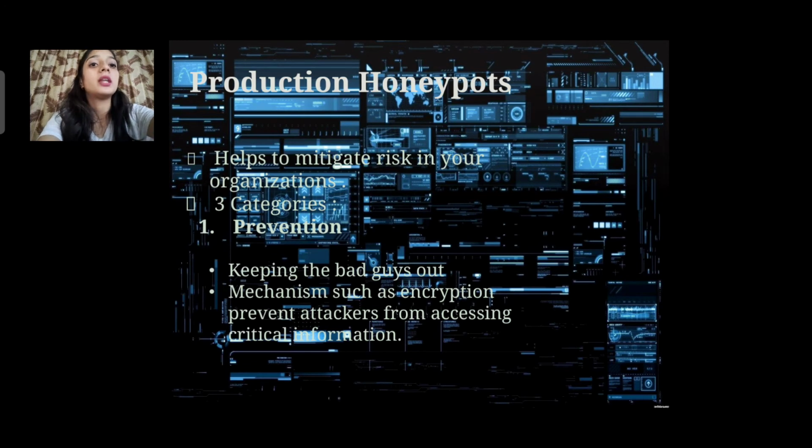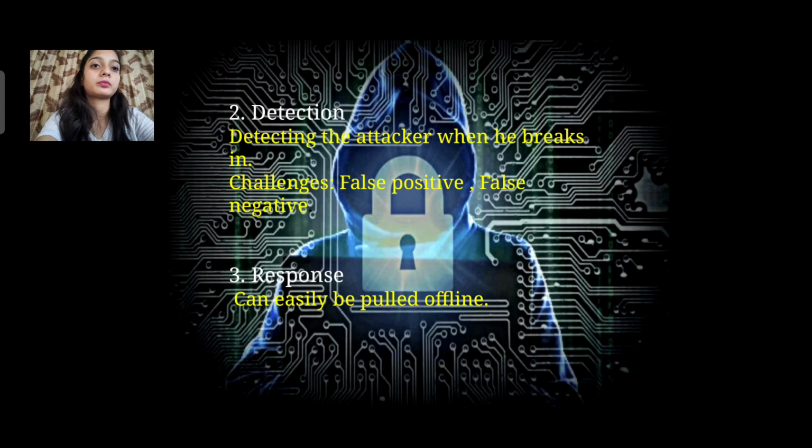So, production honeypots have three categories. It is broadly divided into three types: prevention, detection and response. In prevention, we prevent attacks on our network with the help of our honeypots. It is a mechanism such as encryption that prevents attackers from accessing critical information.